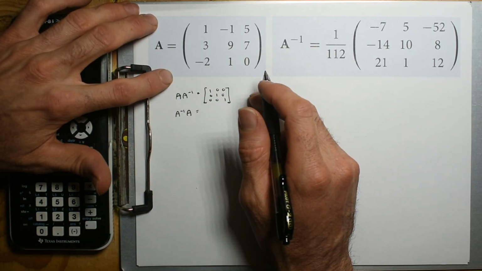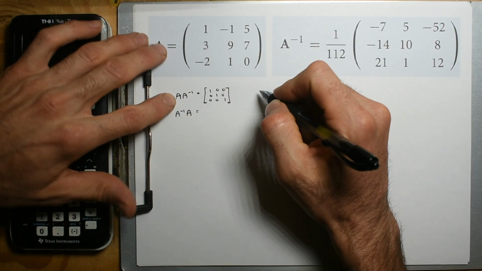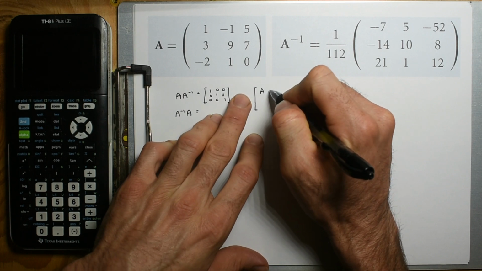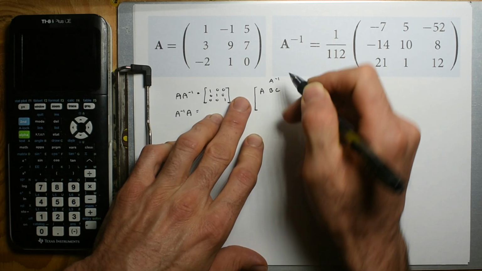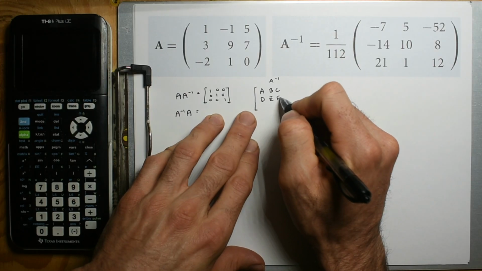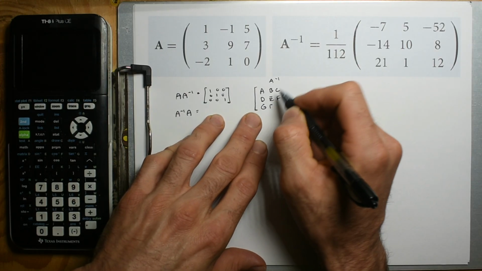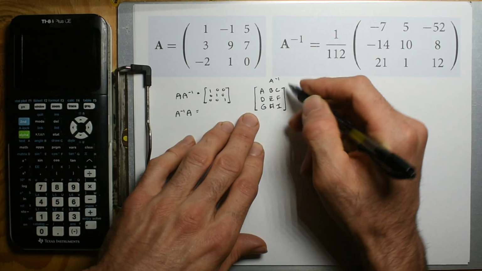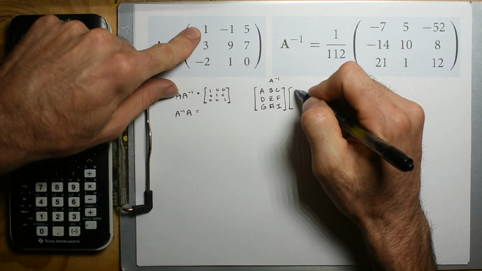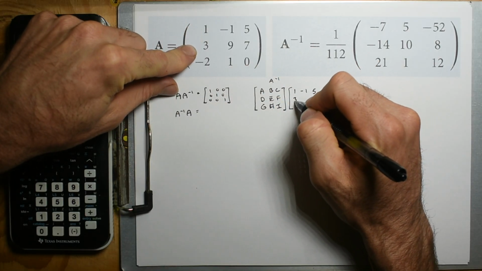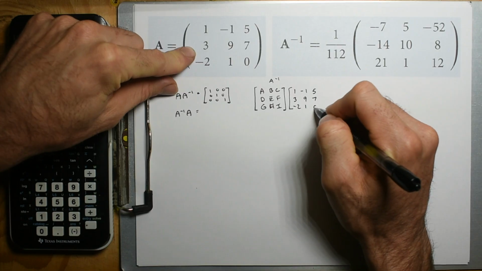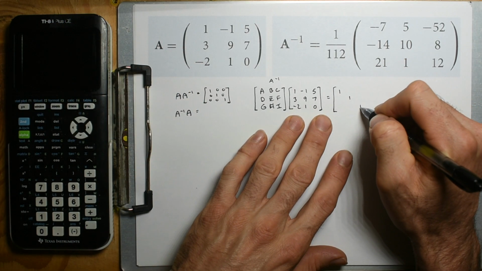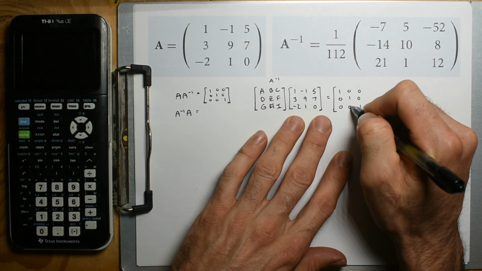So I'm going to say I have the inverse matrix with entries A, B, C, D, E, F, G, H, I, and I multiply it by this matrix: 1, negative 1, 5, 3, 9, 7, negative 2, 1, 0. If I do this, I get the identity matrix.